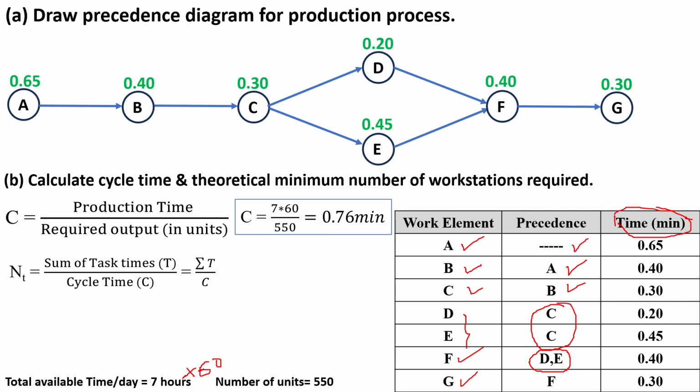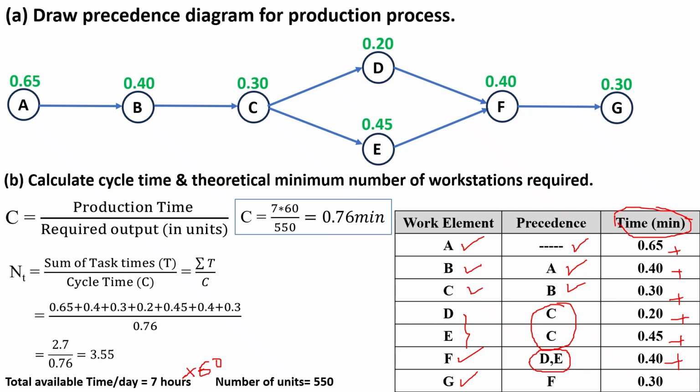Next we calculate the number of workstations required. We know the number of workstations equals the sum of task times divided by cycle time. So the sum of task times is 0.65 plus 0.4 plus 0.3 plus 0.2 plus 0.45 plus 0.4 plus 0.3, and the cycle time is 0.76.